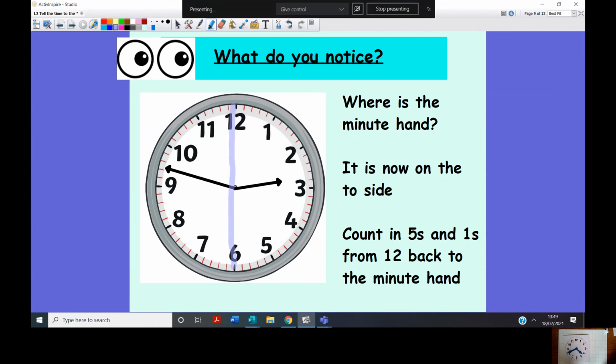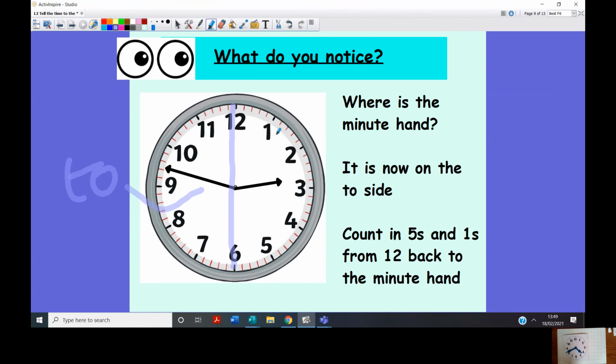So remember, we have our past side and this is our to side. So how we work out what the time is now is that we are counting back in fives from 12. So counting back here, we go 0, 5, 10, 15, 20, 25, 30.